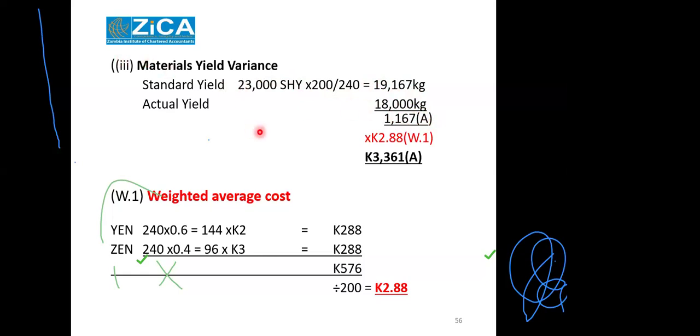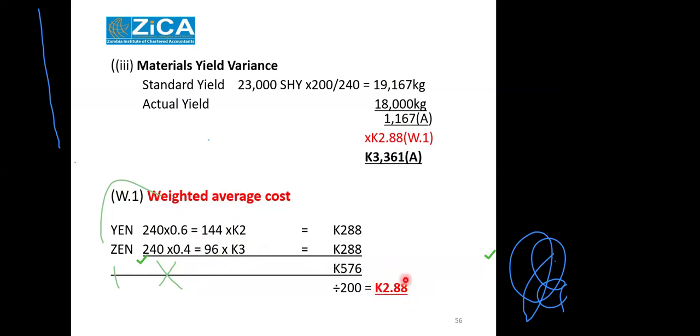Then in the concepts, we say that you value such variances at the weighted average cost per kg. So you go and do a working there. That's a working there. And it gives you a weighted average cost per kg of 2.88.